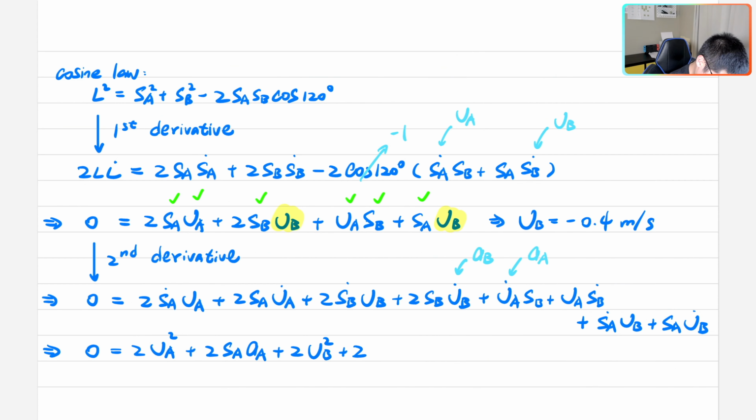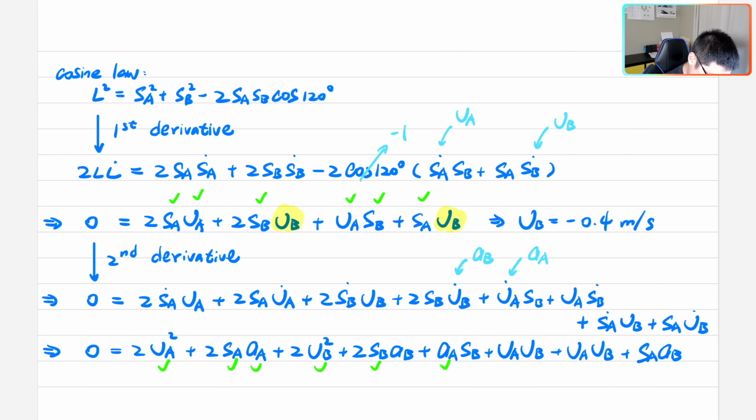We know VA, we know SA, we know AA, we know VB, we know SB. So this whole long equation seems ugly, seems nasty. The only variable you have is this AB. And that's exactly what we want.